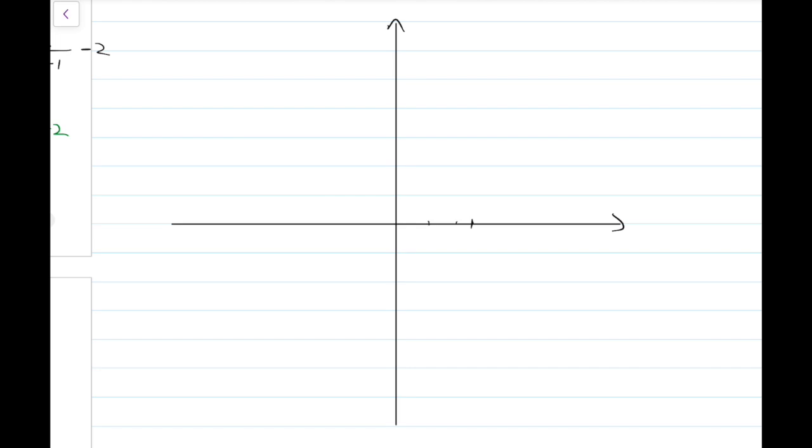Now, the next thing is the y-intercept. So the y-intercept we're going to say is minus 5, which is going to be there. That's our minus 5.